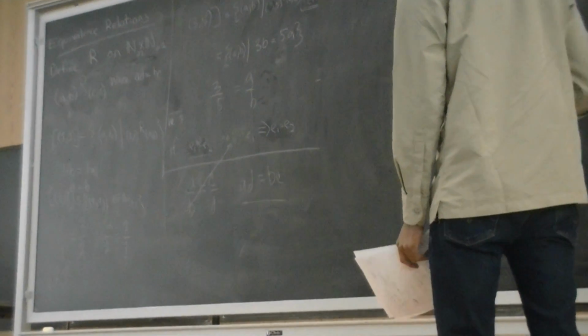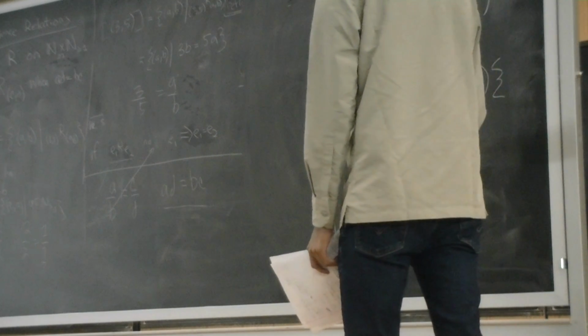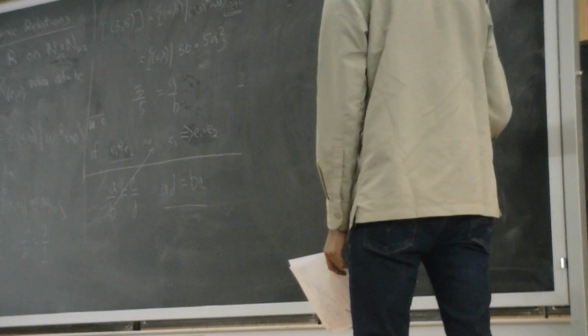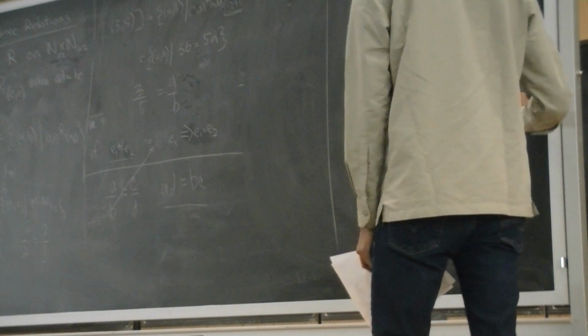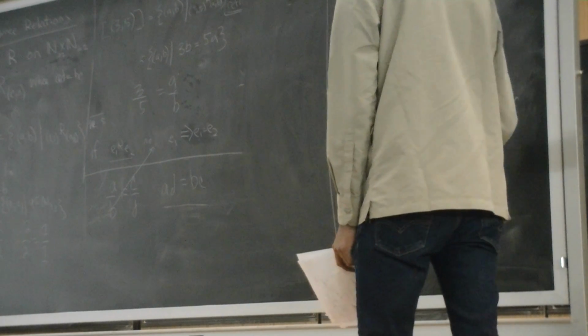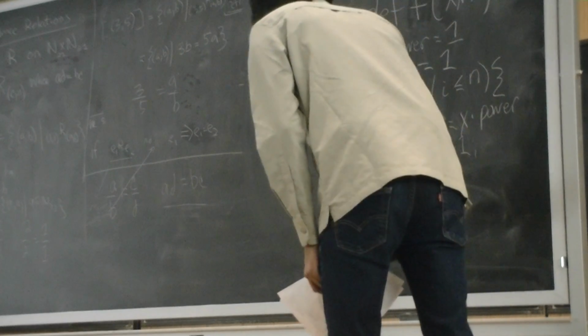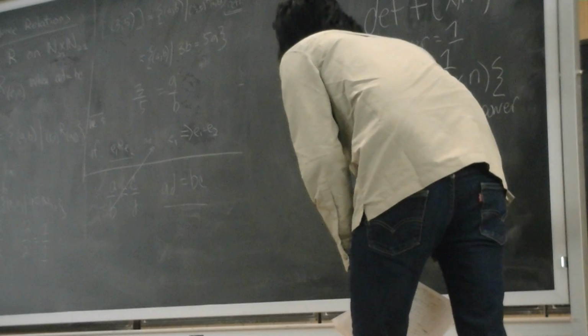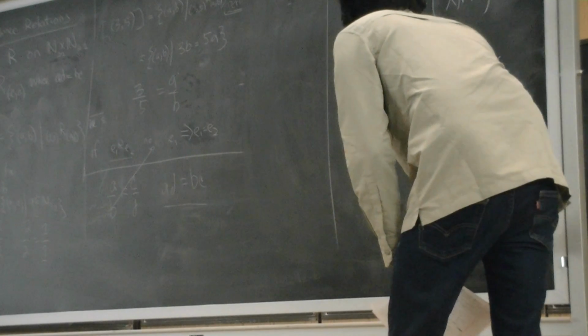And then it says while i is less than or equal to n, let power equal x times power, and increment the index by 1. And at the end of the while loop, it returns power.